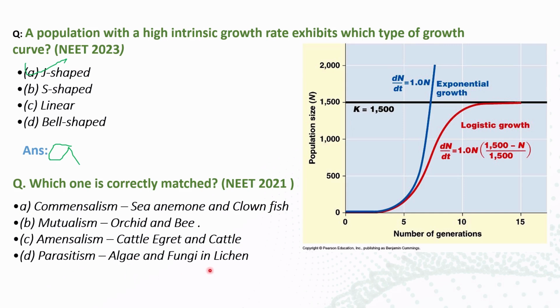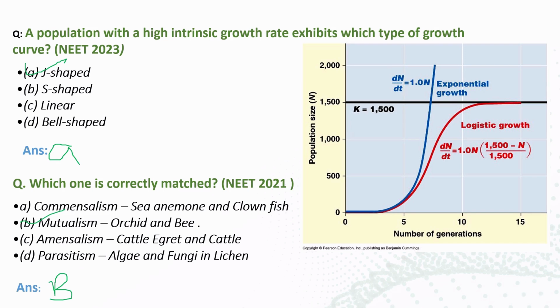Algae and fungi are symbiotic in relation, and both of them are benefited by one another. So this is not the right answer. So in this question, the correctly matched one is the second option, mutualism between orchids and bees.